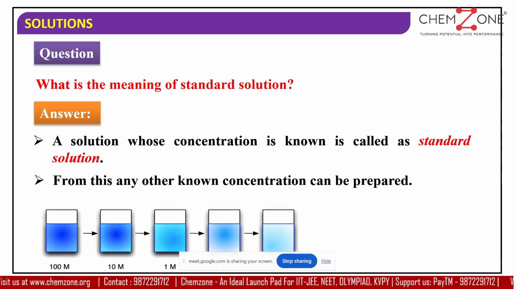From that standard solution we can dilute it and create another solution. Yes sir. It was 100 molar, then 10 ml, 10 molar, then 1 molar. By adding water, we keep on diluting it and make the solution a dilute solution. Yes sir.